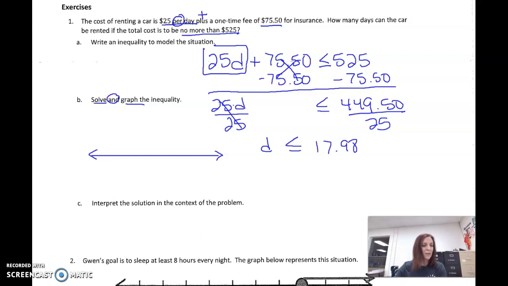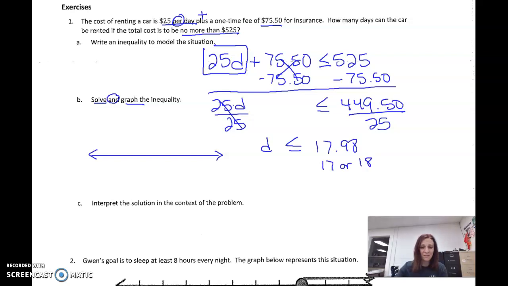No. Okay. I'm going to work on the graphing from this, and then we'll interpret it down here. Okay? Let's come back to that. Well, actually, let's not. Sorry, I'm going to jump around here. This is going to round to either 17 or 18. Okay? We don't have 0.98 of a day.